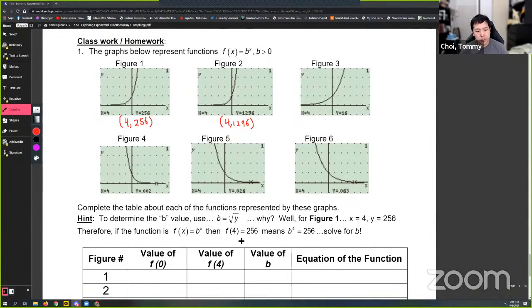So if we look at, for example, figure 1 here, what's the value of y at f of 0? Good, we have 1.